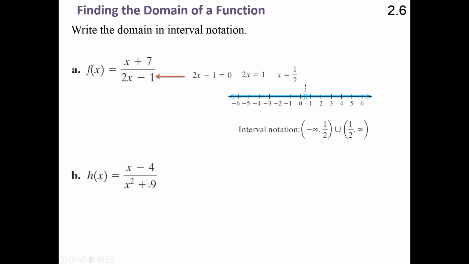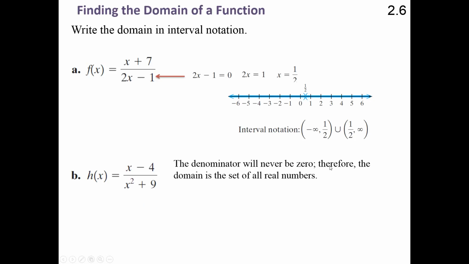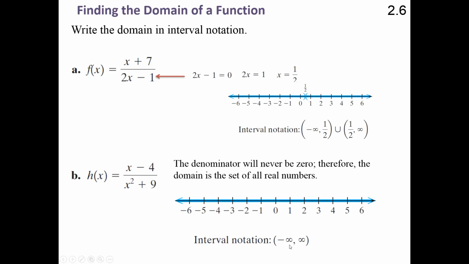And since you're adding 9, the smallest the denominator ever is 9. So the denominator is never 0. That's the important point. So the domain here is the set of all real numbers. To indicate that, we would use the interval from negative infinity to positive infinity.